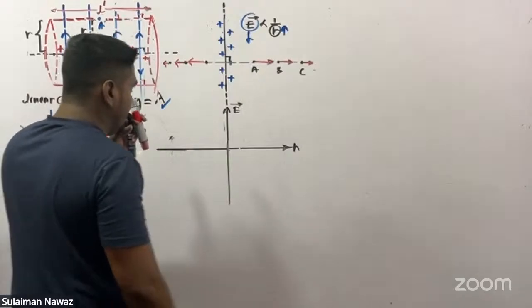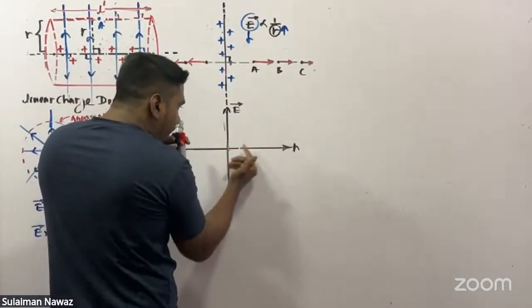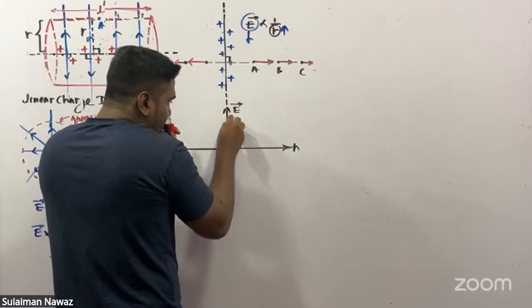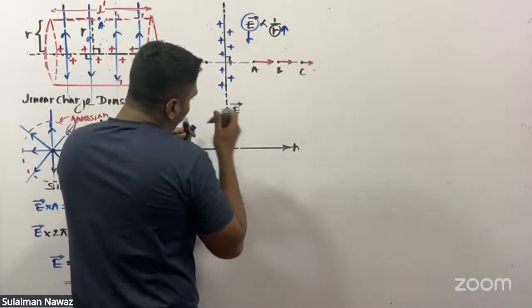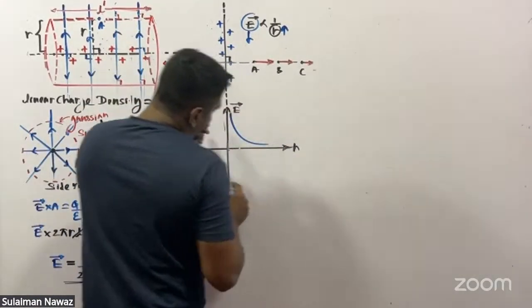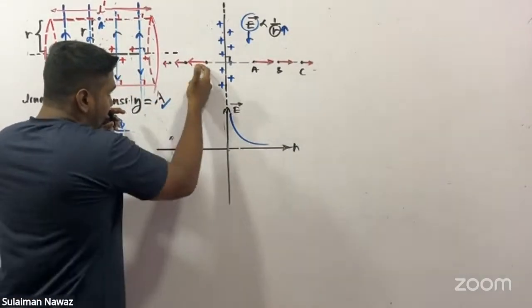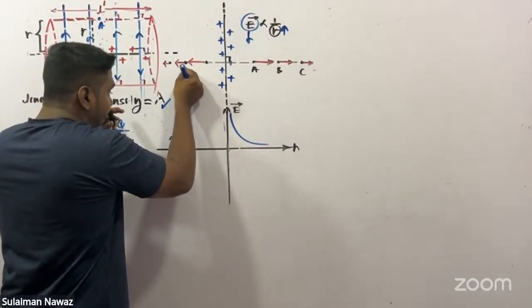We all know that right side direction vectors are positive. When r increases, the positive intensity decreases. Next, when you go to the left side, left side intensities are negative intensities.